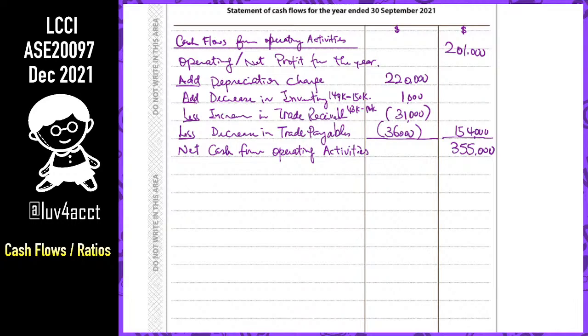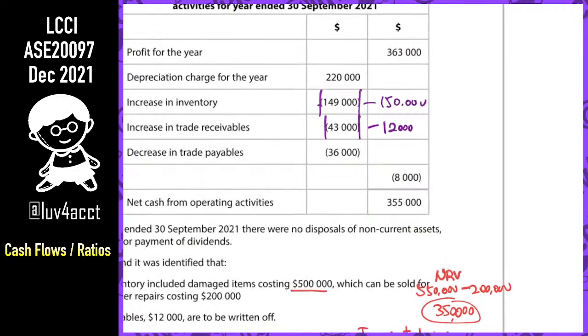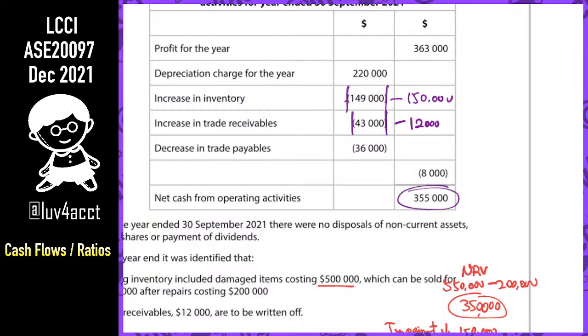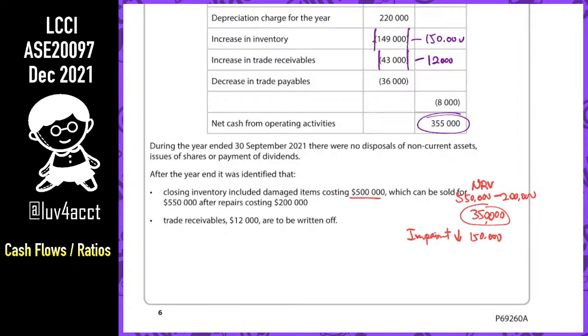Let us go back to the original question. You can see originally it is also 355. After adjustment for impairment of inventory and also bad debt written off, it is still the same. Why? It is because for these two transactions, there is no cash involved.